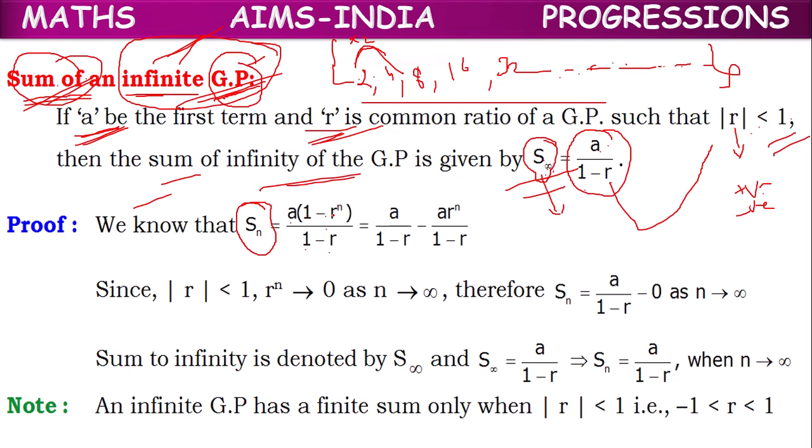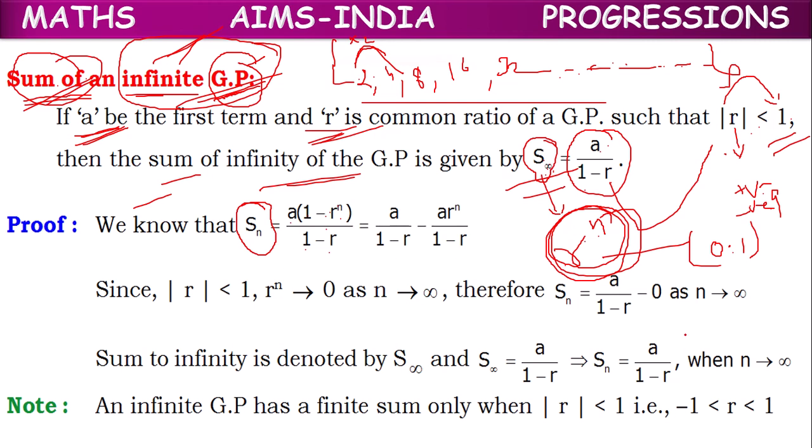But here r is less than 1, so this r power n value is negligible, because r less than 1 means it is already a decimal. Suppose 0.1, and in the place of n we have 9. 0.1 whole power 9 will become 0.00000 something 1, whose value is negligible compared to 1.